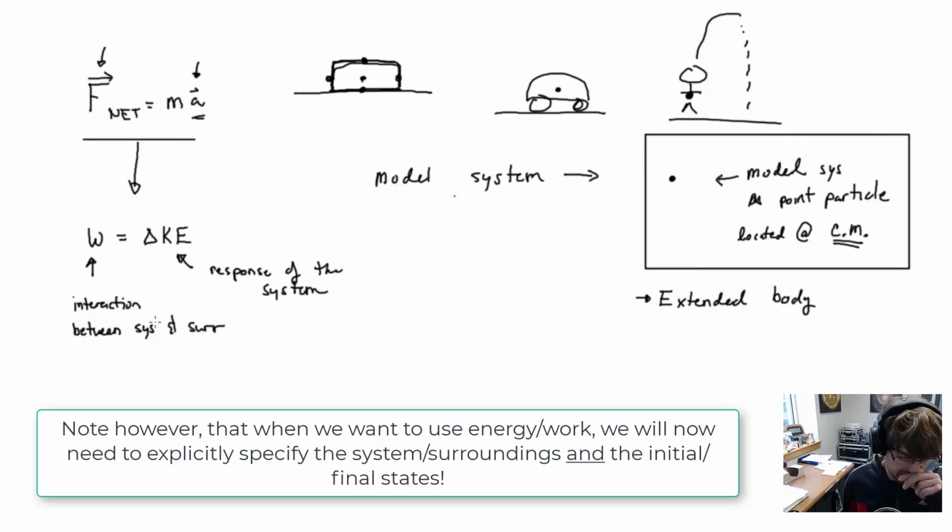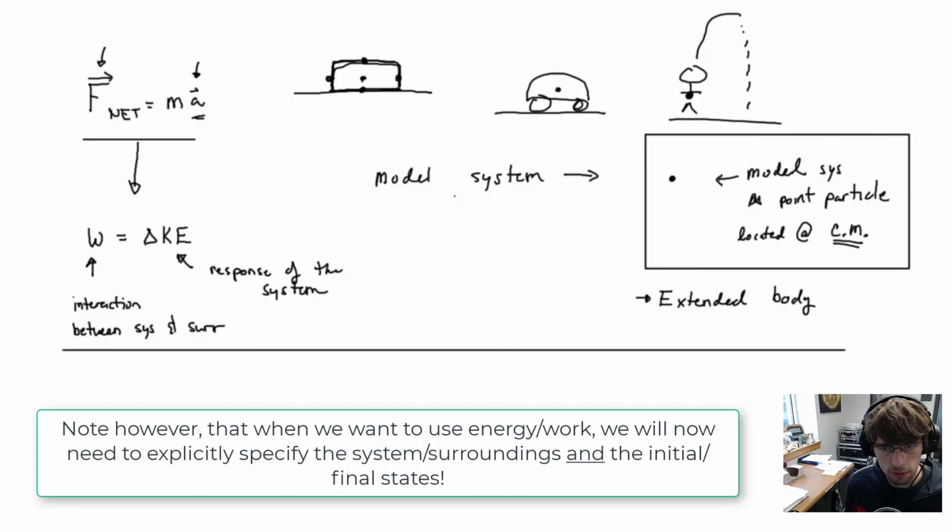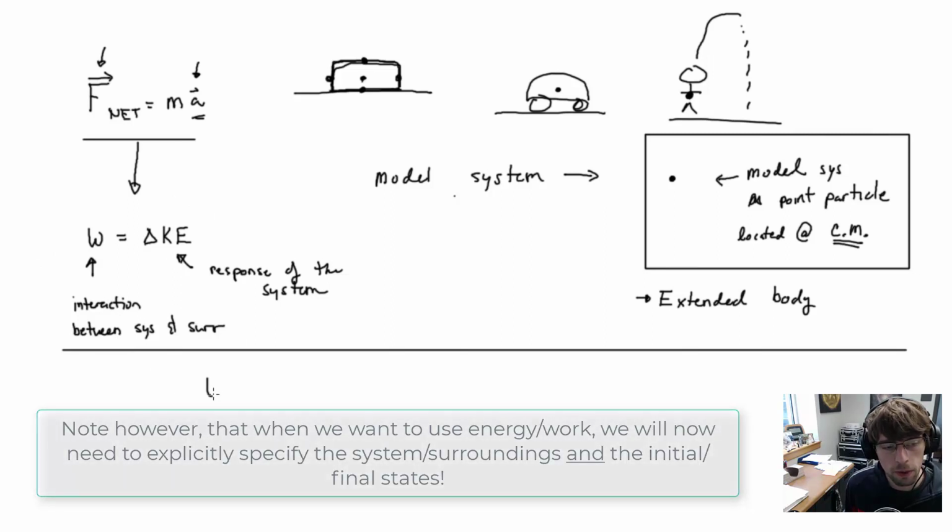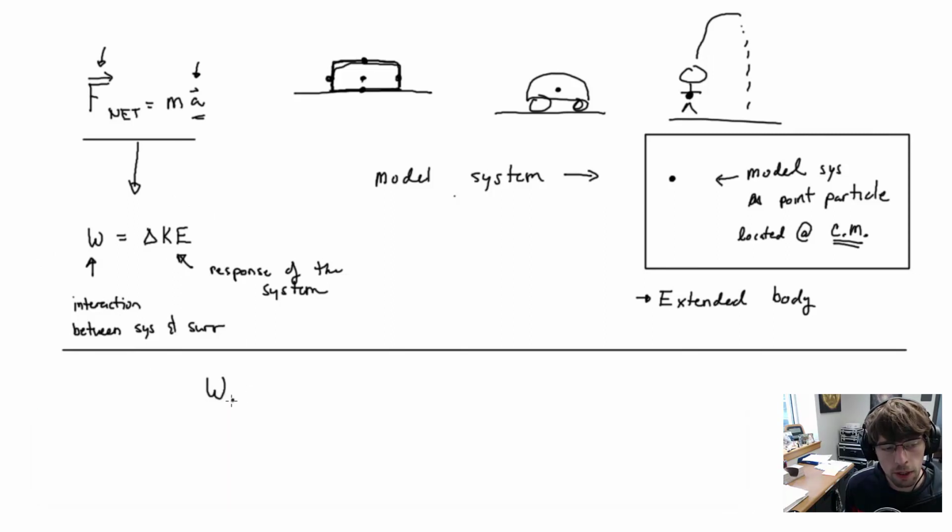Now, this will be further expounded upon, but I'll give you the end goal here. This isn't the only naming game in town, but the full-blown equation that we'll see at some point is what I'll call the work external, so work done by the surroundings on the system, plus what I will call Q. This will equal the change in energy of the system.